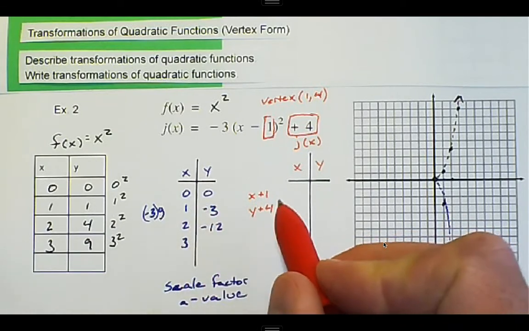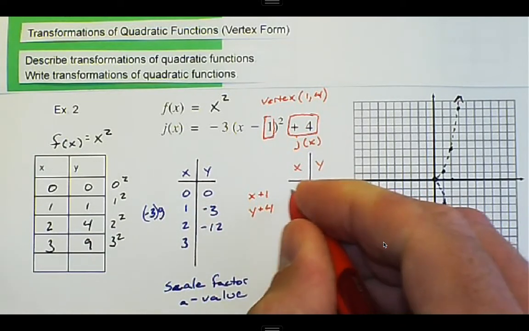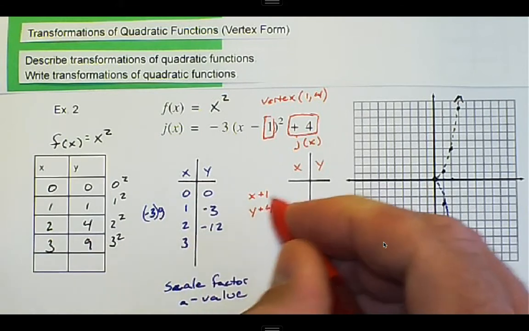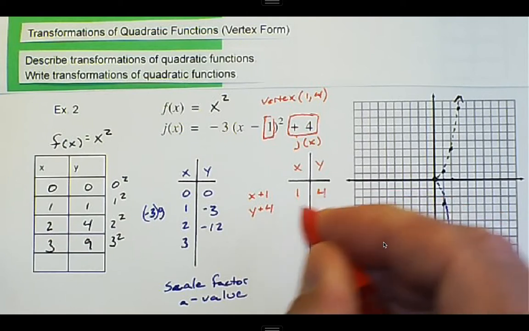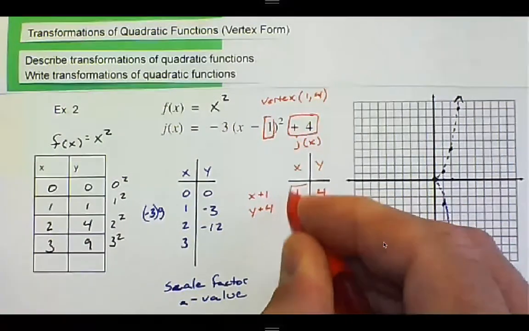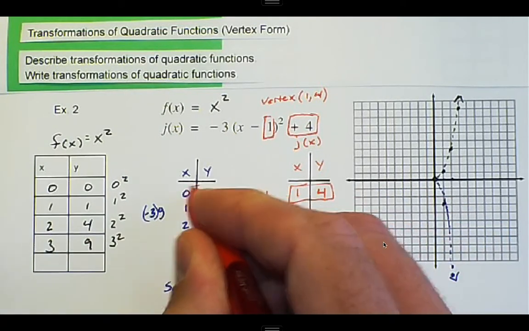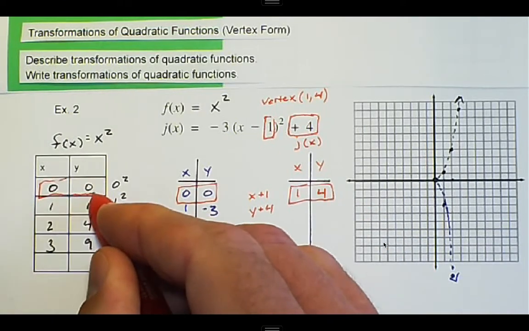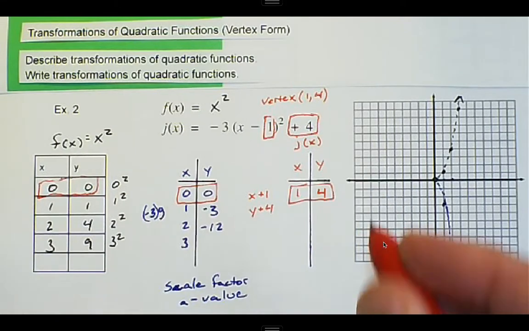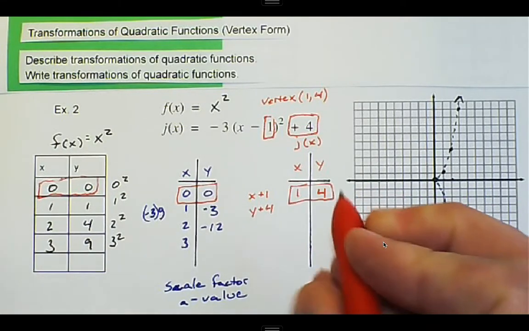So 0 plus 1 is 1, 0 plus 4 is 4. That's our vertex again. So our vertex is (1, 4), and before it was (0, 0), and (0, 0). Those were all of our vertices for the parabolas.